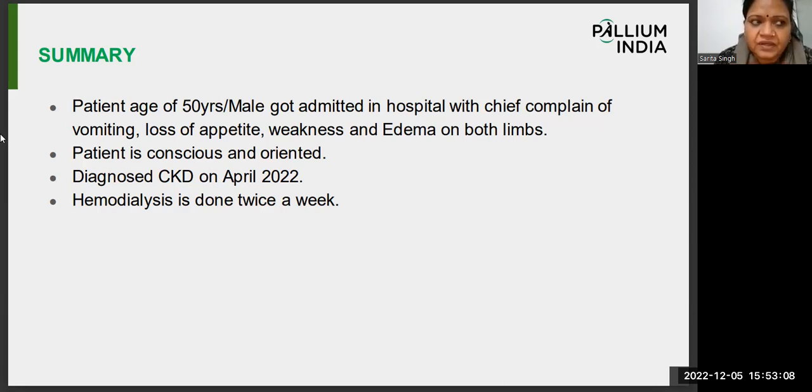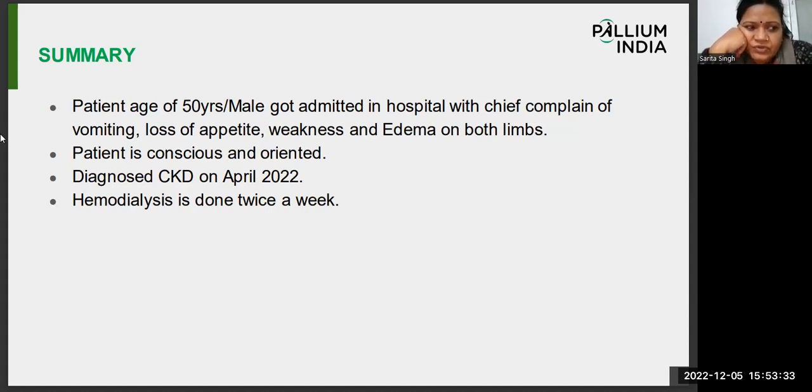Regarding the social problem, I think we have to think about a kidney donor also. We can educate the family members or relatives to think on this point also.